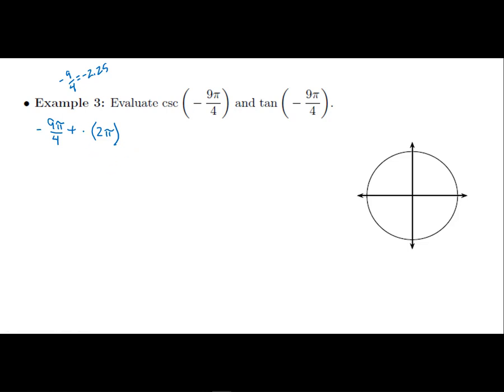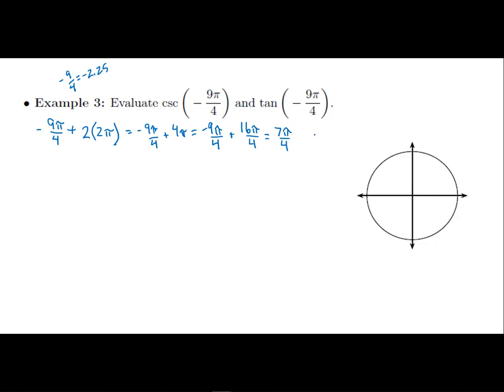So that tells me to add 2 copies of 2 pi. So of course that's negative 9 pi over 4 plus 4 pi. And then to get common denominators here, multiply the top and bottom by 4, which gives us plus 16 pi over 4, which gives me 7 pi over 4.